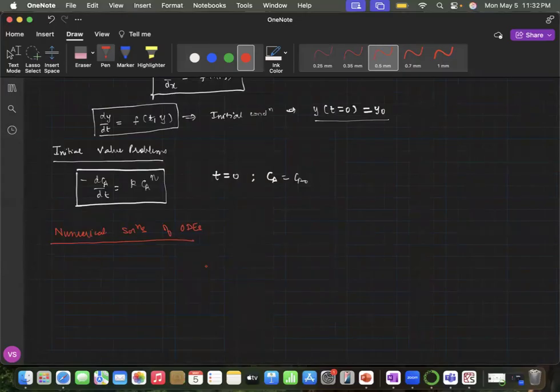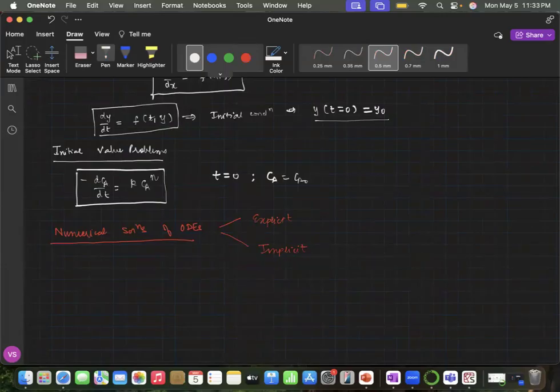But in general, the numerical solutions of ODEs could be explicit in nature or implicit in nature. So let's try to understand what we mean by explicit solutions and implicit solutions. Let's try to explain it from the initial value problem perspective.